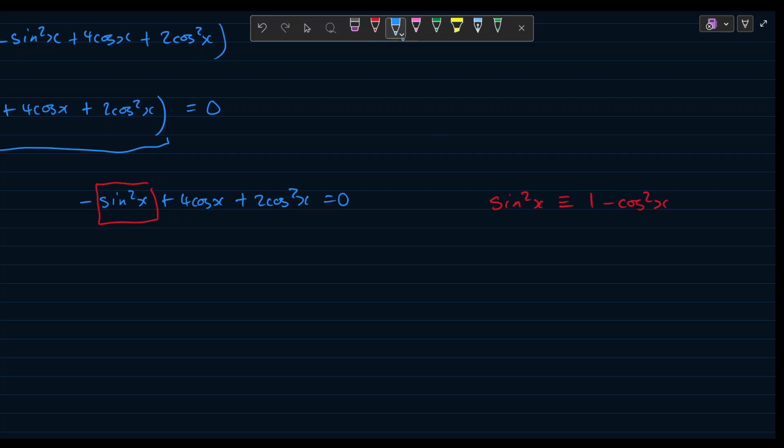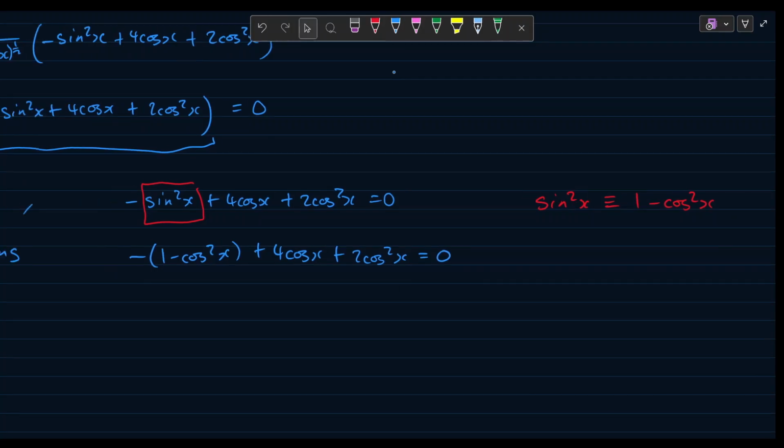So this becomes negative (1 minus cos squared x) plus 4 cos x plus 2 cos squared x, and this is equal to 0. And so what we have is negative 1 plus cos squared x plus 4 cos x plus 2 cos squared x is equal to 0.